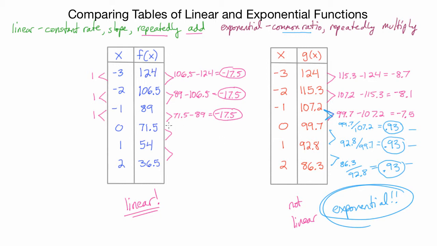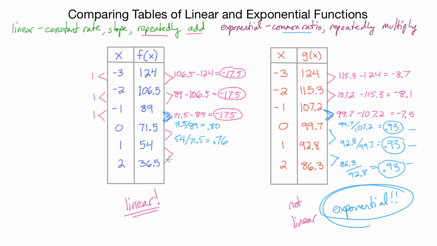So let's divide these two here. 71.5 divided by 89, and we get a ratio of 0.80. Let's divide these two. 54 divided by 71.5, and I get 0.76.